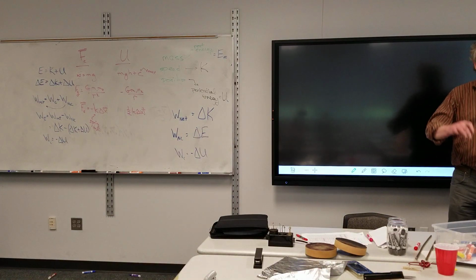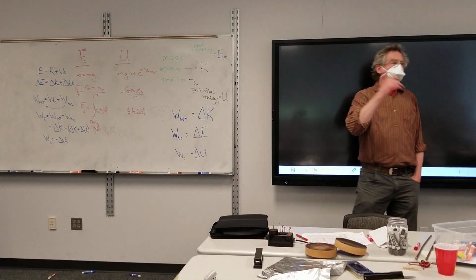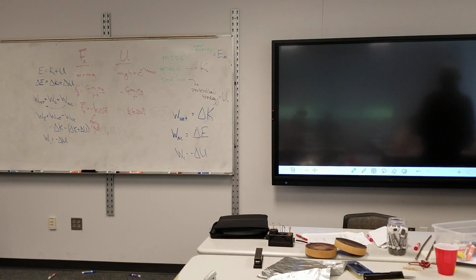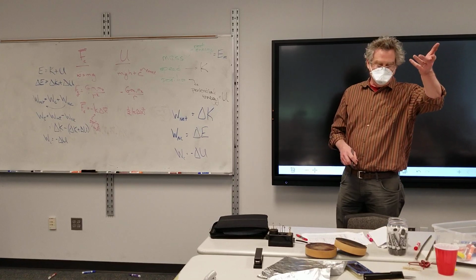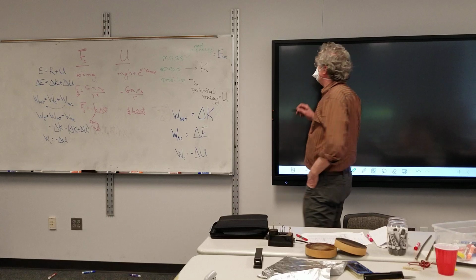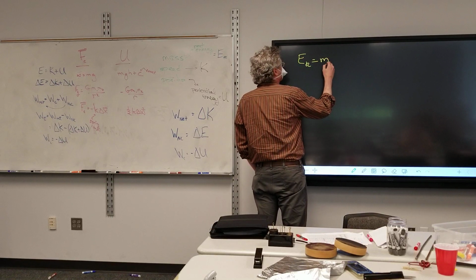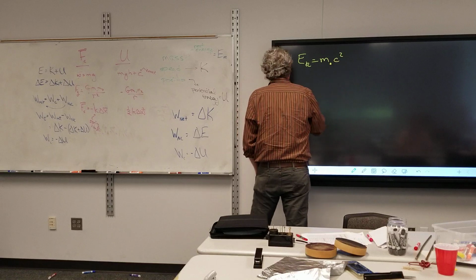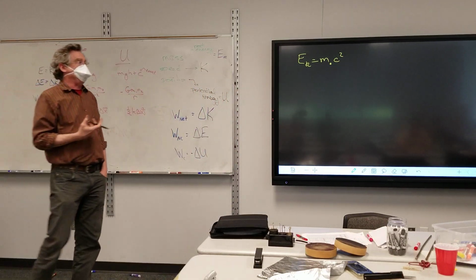All right, so let's hit a couple miscellaneous topics to finish it off. Rest energy, all of you know the formula, although if I said write down the formula, you probably wouldn't know it. But to start you out, E equals, there we go. The rest energy formula, the only difference is m sub 0 c squared. It is the energy an object has just because it has mass.